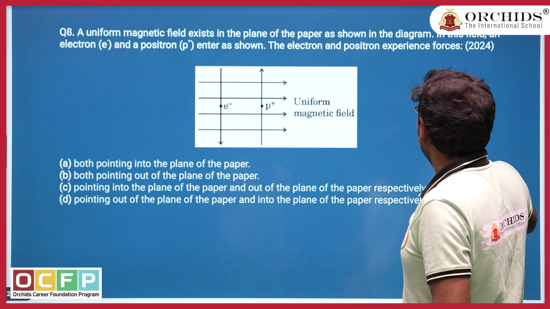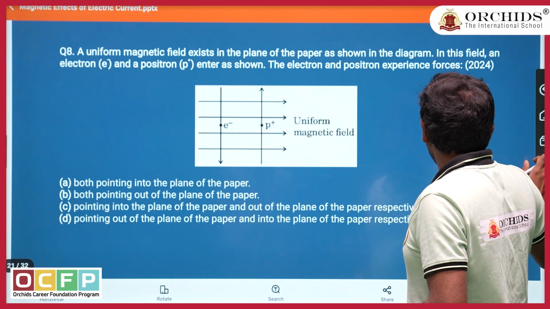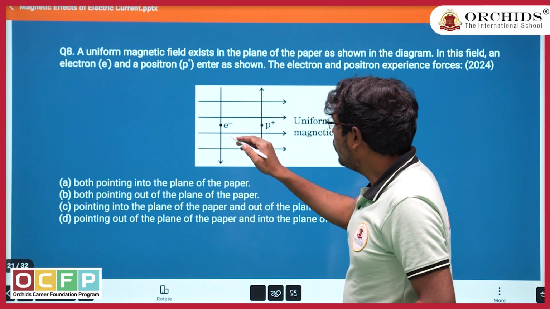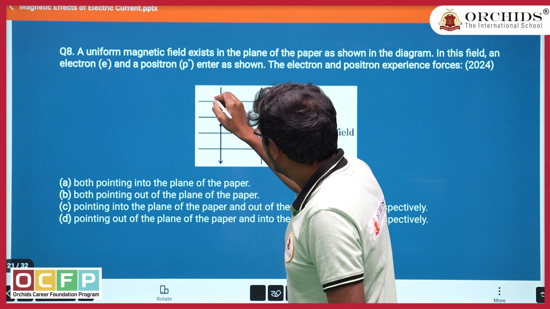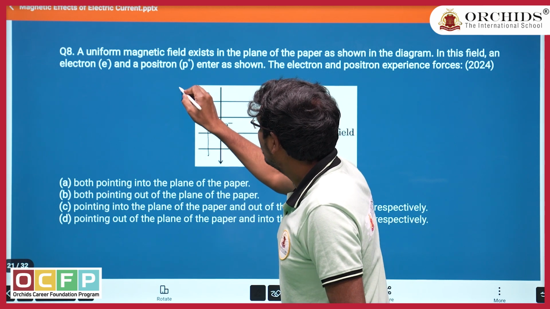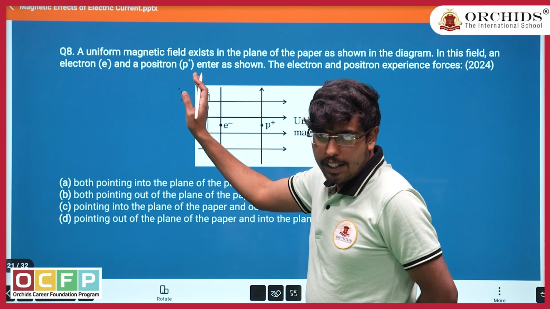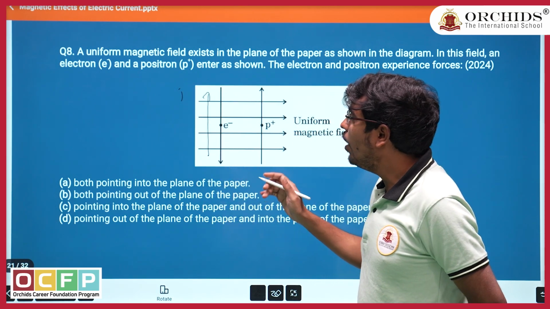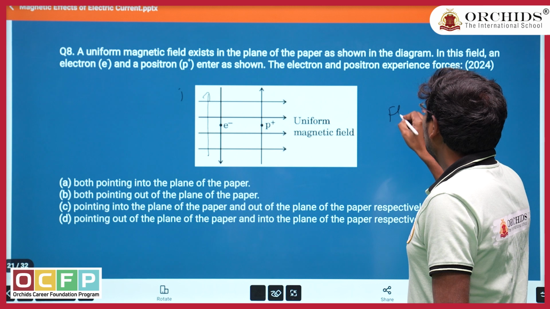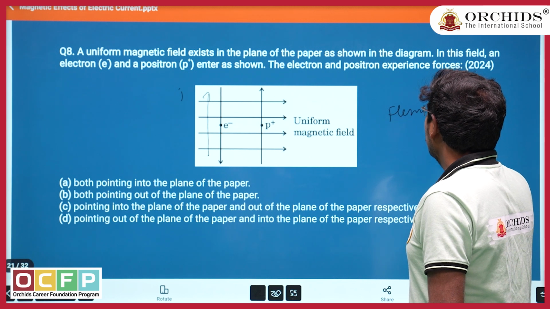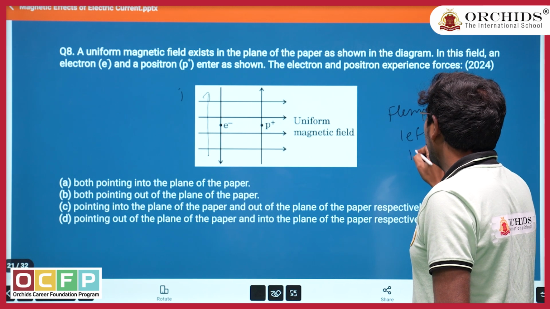We know that the flow of electrons is current. So when electrons are flowing in this direction, current will flow in which direction? Opposite direction, right or not? So when the current is flowing in the upward direction, here we have to use Fleming's left hand rule.